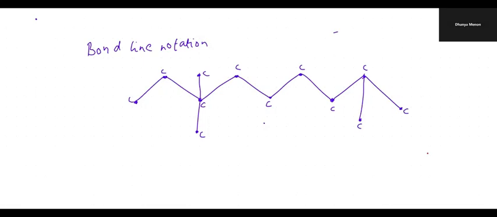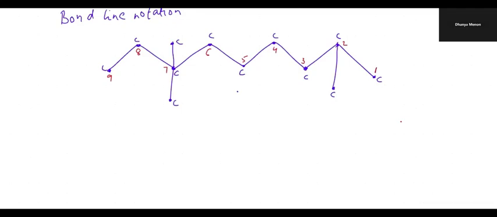So 1, 2, 3, 4, 5, 6, 7, 8, 9. Right? I can also do the numbering. I'll redraw it again and then number it otherwise.